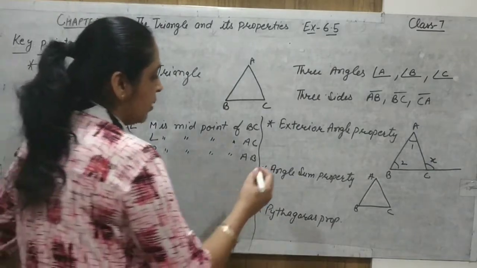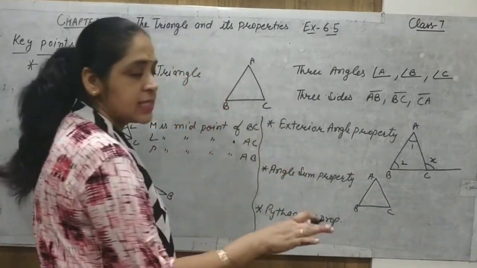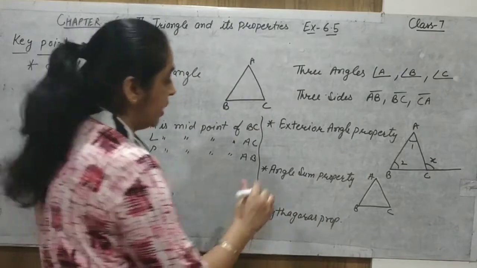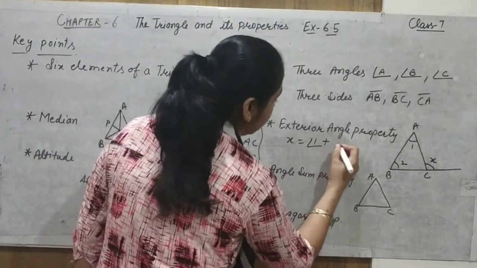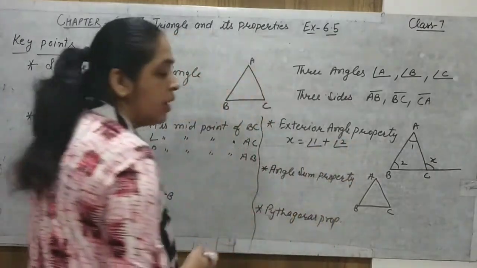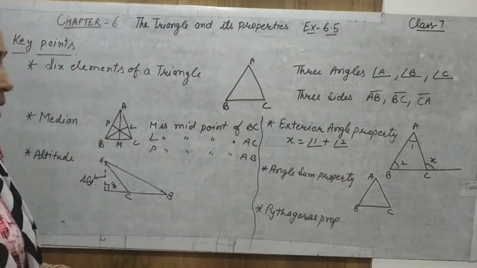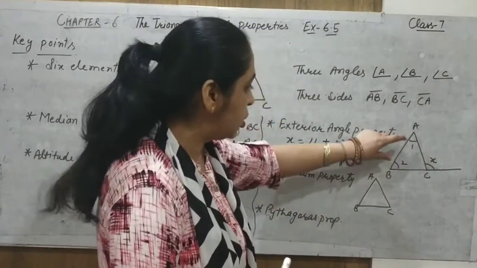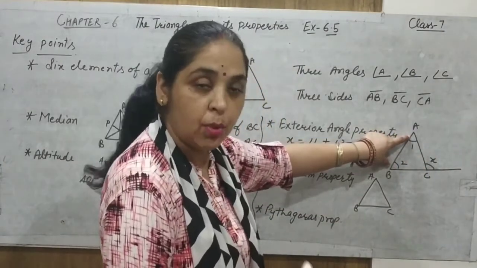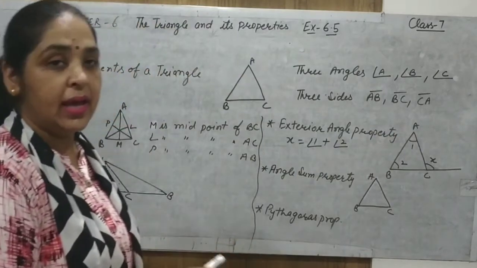Any exterior angle is equal to the sum of its opposite interior angles. The value of any exterior angle is equal to the sum of its opposite interior angles.